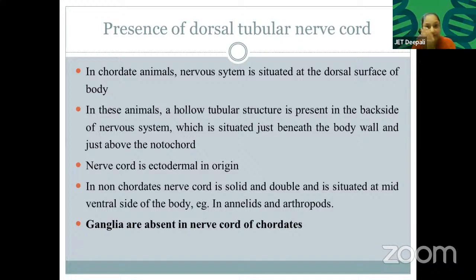In non-chordates, nerve cord is solid and double and is situated at the mid-ventral side of the body. See, we are talking about the non-chordates. This is a difference. Non-chordates have it at the ventral side, solid and double, as in annelids and arthropods. Ganglia are absent in the nerve cord of chordates.